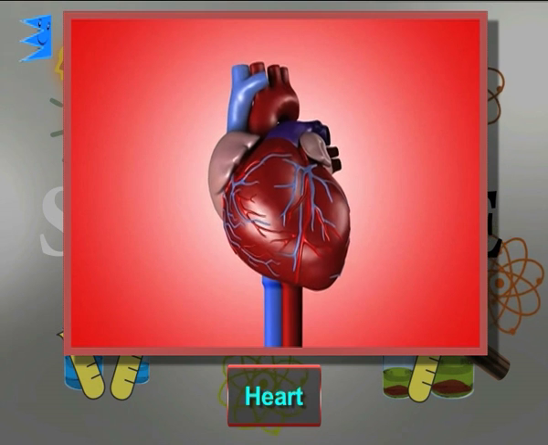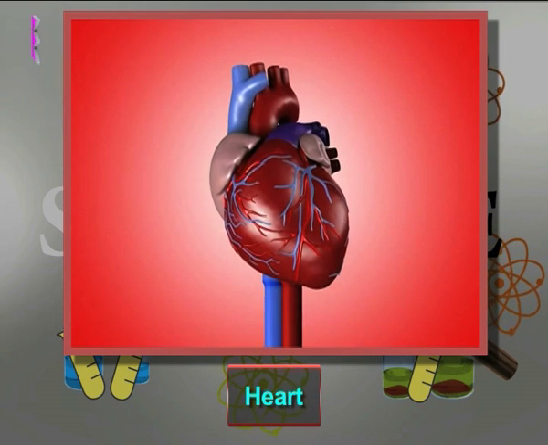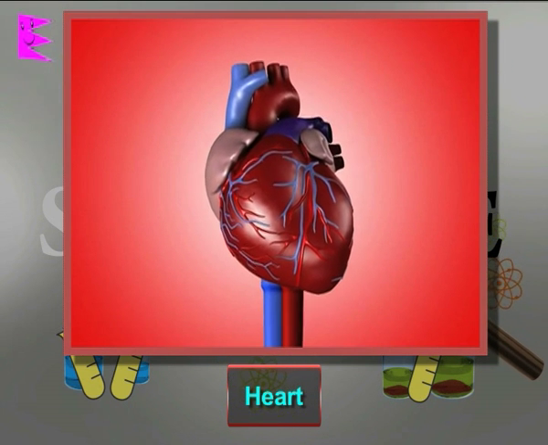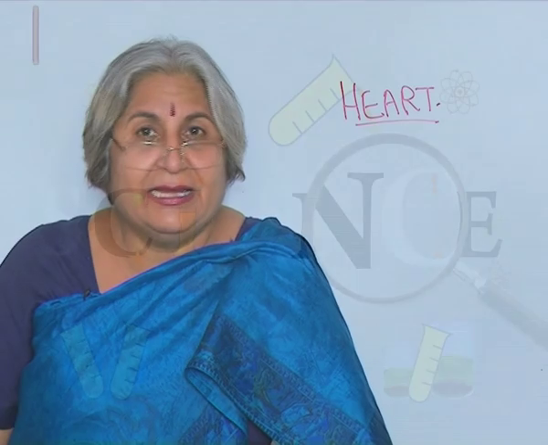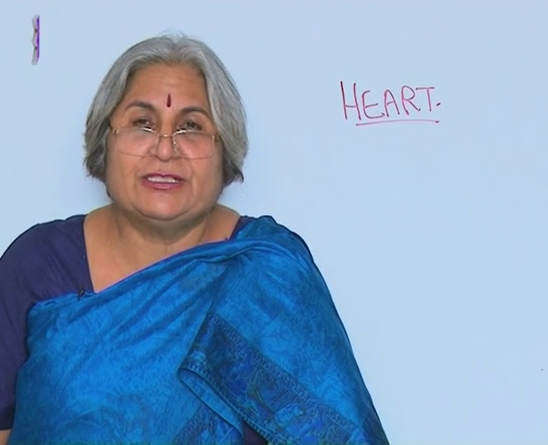It is of the size of a fist and its color is red and its tip points towards left side. It is not as if the whole heart is in the left side, but only the tip points towards the left side.